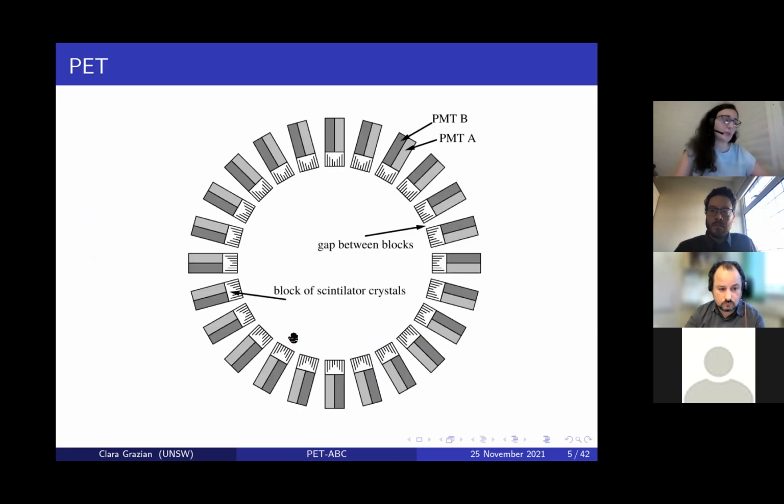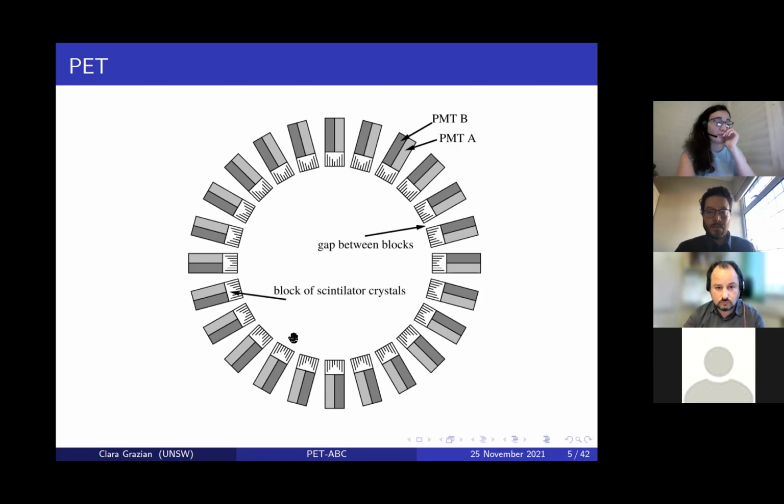Usually the machine is a ring around the subject, and the energy of the photons must be high enough to allow the photon to leave the subject, but low enough to allow absorption by the detector.